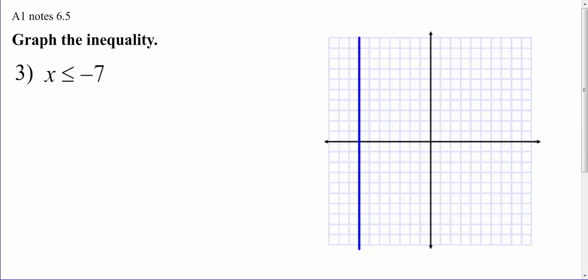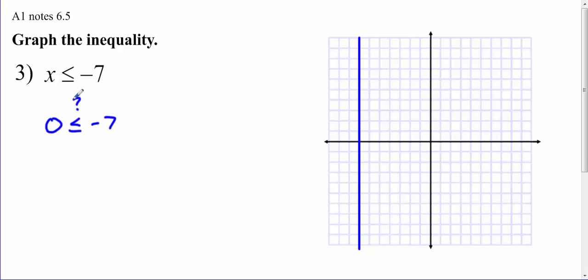And so what I need to do is say, well, I can't shade above or below because this is a vertical line. So the shading above and below thing we have to reconsider a little bit. And basically what I'm going to do is test a point. (0, 0) is a nice point. Is 0 less than or equal to -7?